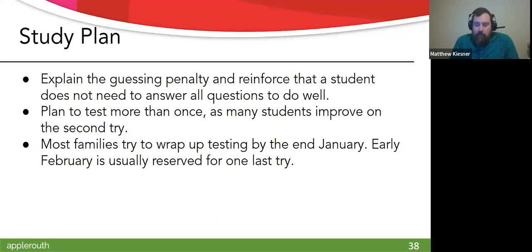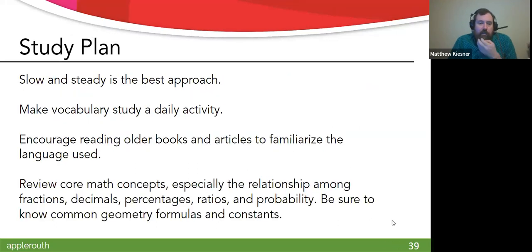Joining us in June is a great time to think about this, because it allows you to use some summer planning and take a longer approach, which the next slide says. Slow and steady is going to work better. There's a lot of material for this, and a lot of vocabulary studying. So if a student is weaker in vocabulary, make vocabulary a daily activity.